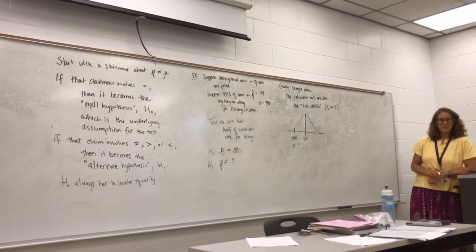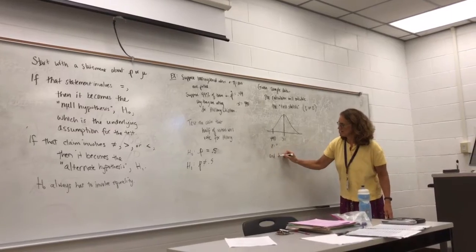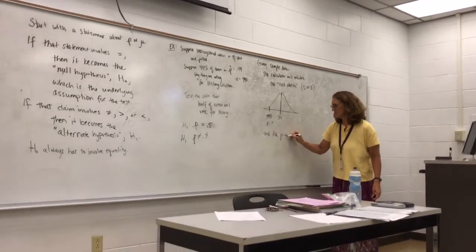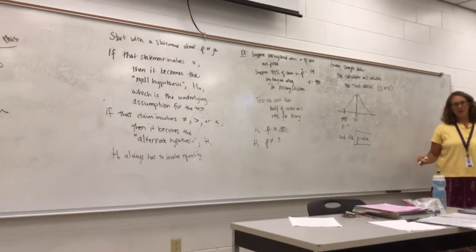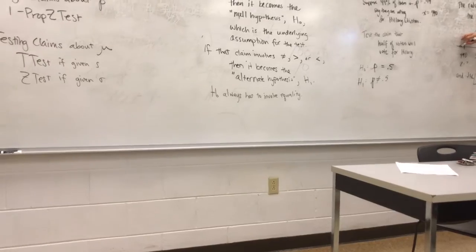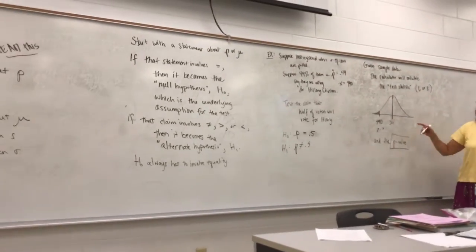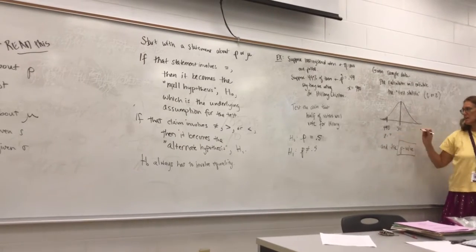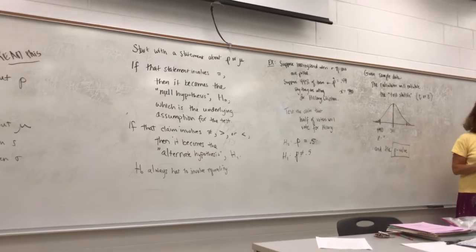Then it's going to calculate the p-value. The p-value is a very important measure. The p-value is the probability beyond that test statistic, either to the left or to the right, or in this case, where we're looking at equals versus not equals, it's actually going to calculate it in both directions.